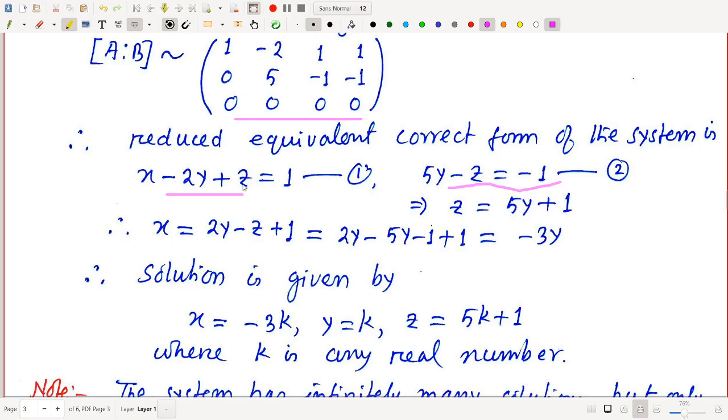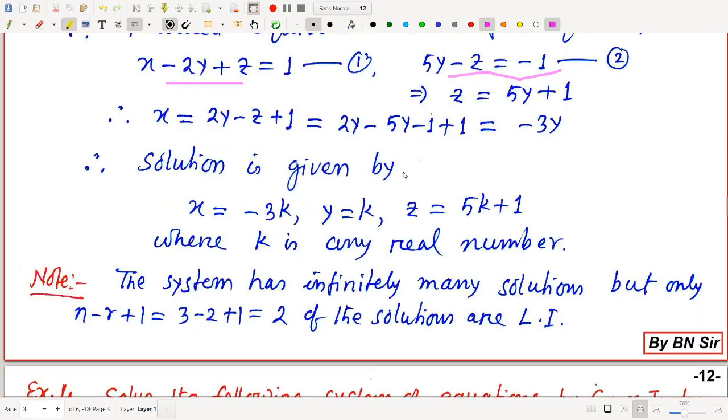Now putting this value of z here, we get x equal to 2y minus z plus 1, means 2y minus 5y minus 1 plus 1, so -3y. Therefore the solution is given by x equal to -3y, we have written here -3k, and y equal to k, we have assumed y equal to k, and z equal to 5y plus 1, means 5k plus 1. What is k? k is any real number, so k has an infinite number of values, that's why the system has an infinite number of solutions.